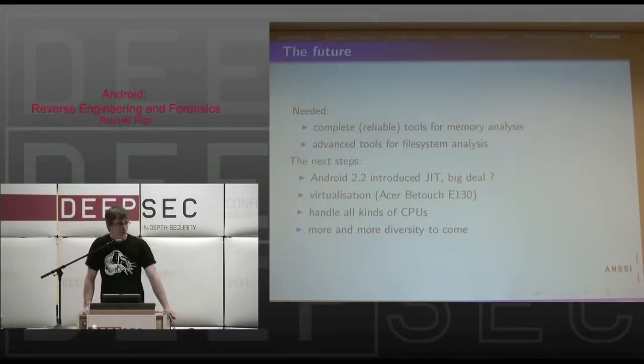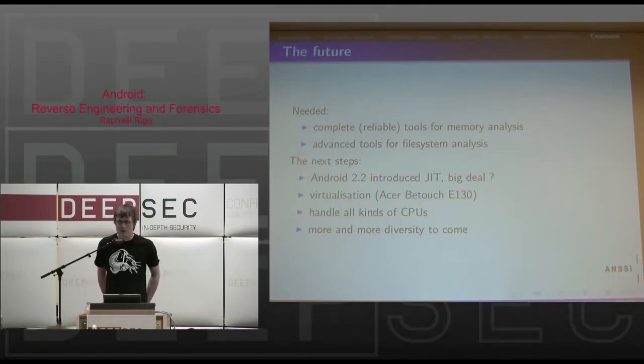So in the future, unfortunately, we still need complete and particularly reliable tools for memory analysis, because right now we are kind of short on tools. And for file system analysis, you only have tools to unpack the file system, but you don't have undelete capabilities, you don't have advanced analysis to recover information.